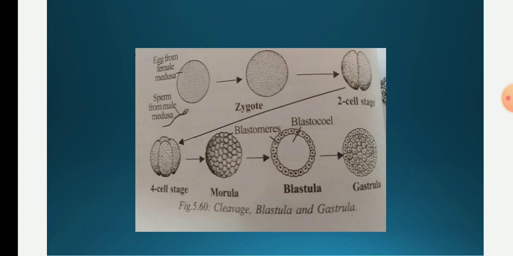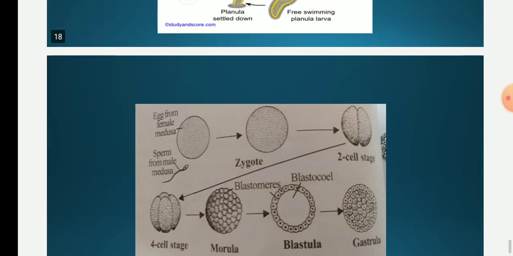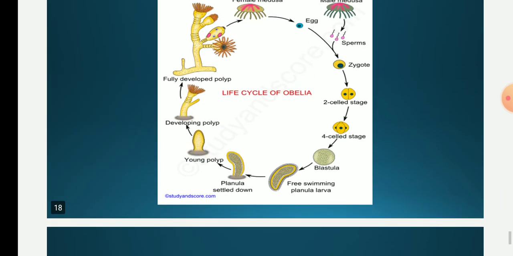The gastrula develops into the planula larva, which is a free swimming larva. After some time this free swimming larva attaches to the substratum by its anterior part, and at the posterior it gives rise to the manubrium, mouth, and the circlets of tentacles.